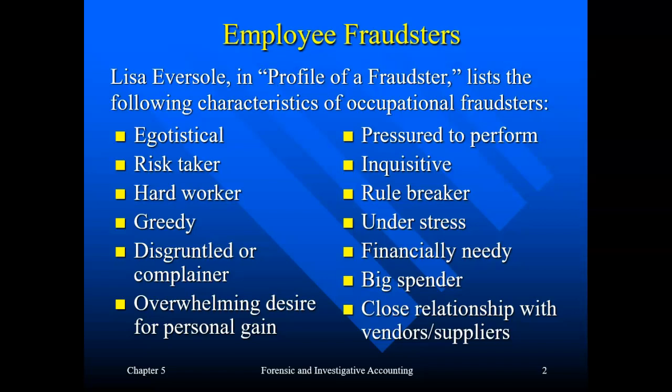It means that over the years they have found that people who've committed fraud are hard workers. They're hard workers in the company, and then apparently they're hard workers in committing the fraud and covering up the fraud. The others might sound more reasonable: greedy, disgruntled, desire for personal gain, so forth, under strain. So you can see that these have been found to be characteristics of fraudsters in the past, and I'm sure going into the future.